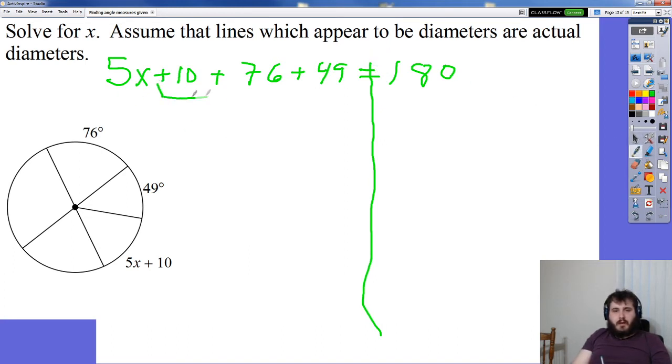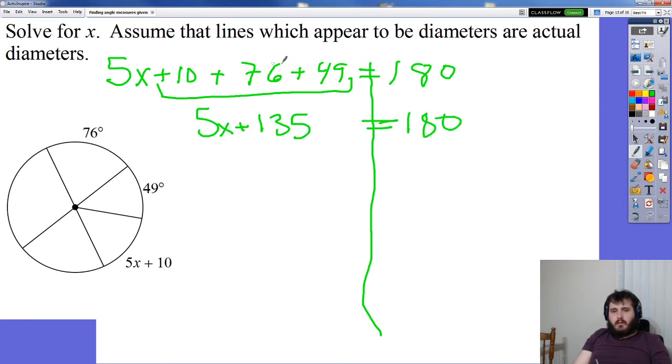First we're going to combine our like terms. Look at all these numbers we can add together. 76 and 49. Let's see, 85, 125, and then 10 more is 135. So we got 5x plus 135 equals 180. Let's double check that.